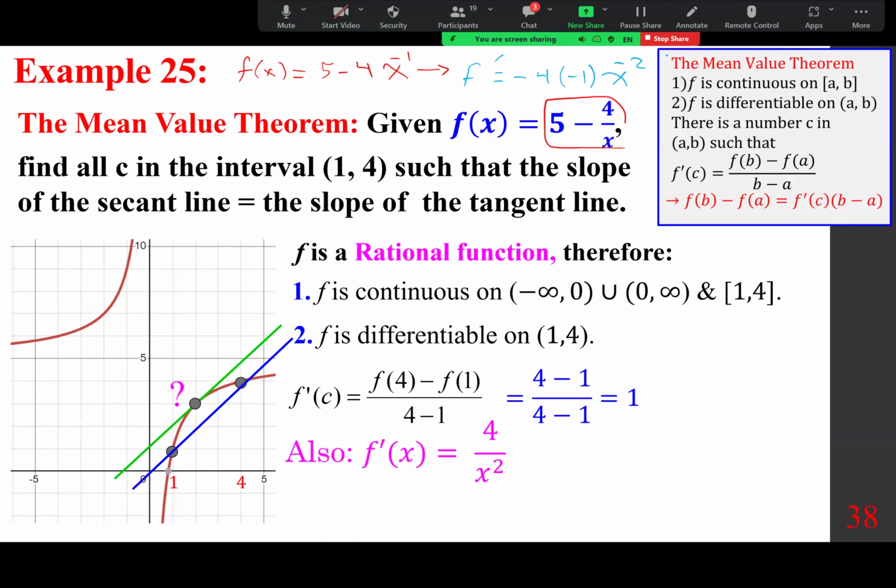You set this equal to 1. X squared becomes 4 and x becomes plus minus 2. We have two answers, but the one in between 1 and 4 is only positive 2. That's the only answer, everybody.